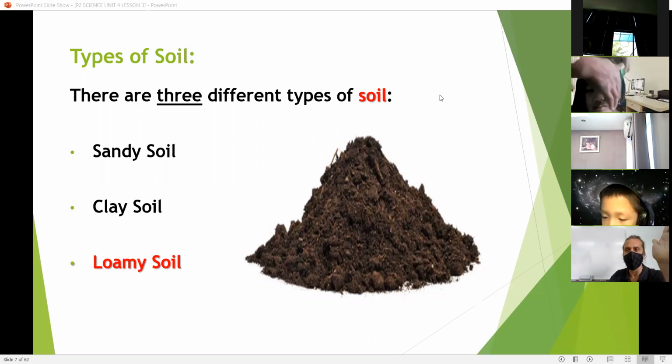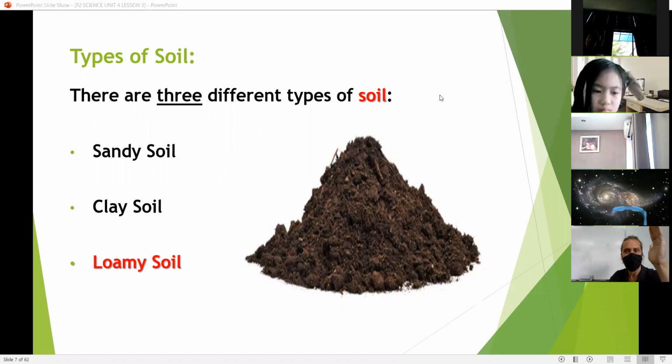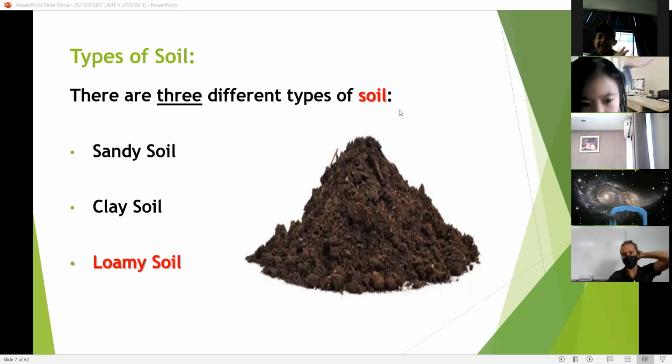So there are 3 different kinds of soil: sandy soil, clay soil, and loamy soil. Okay. Let's now have a look at these 3 different kinds of soil.